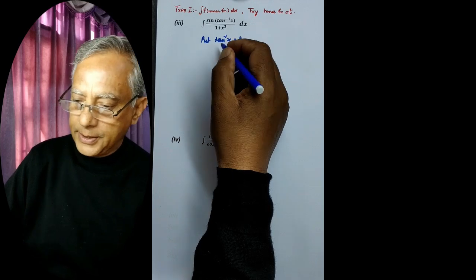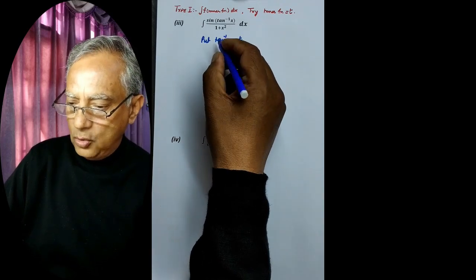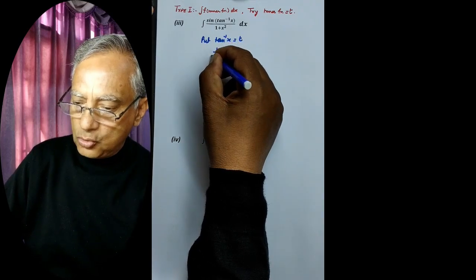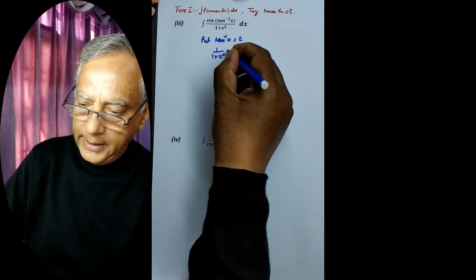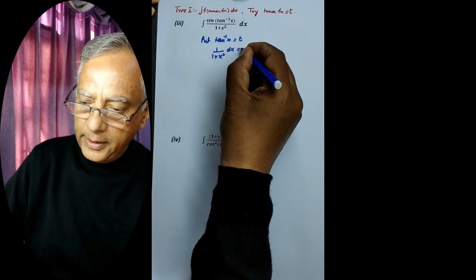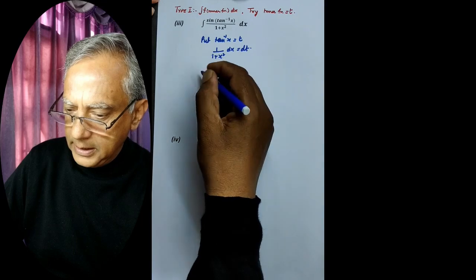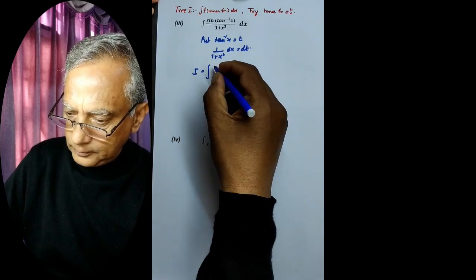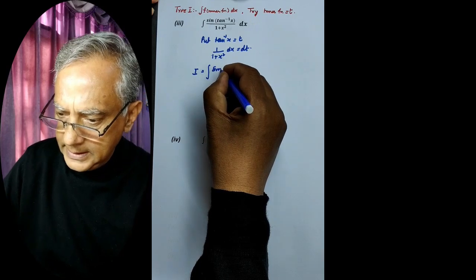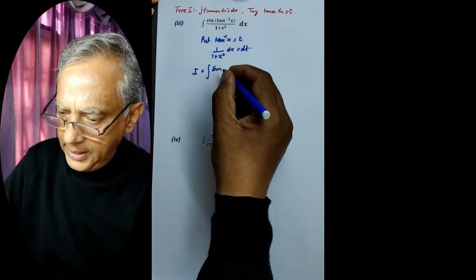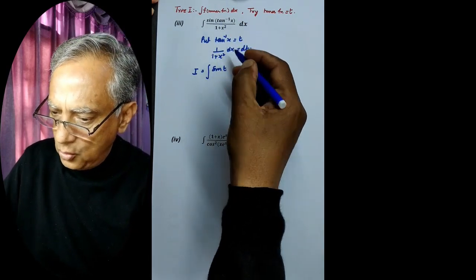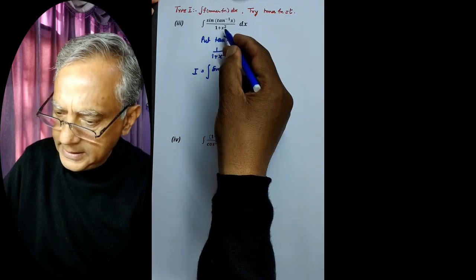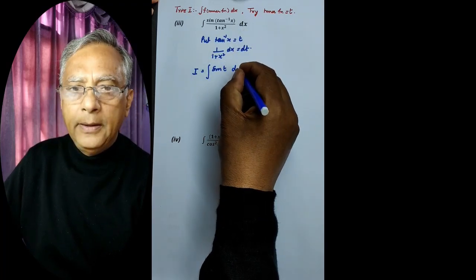Differentiate this. We will have 1 over 1 plus x square into dx is equal to dt. And therefore I is equal to integral sine, this is t, sine t, and 1 over 1 plus x square dx is dt.